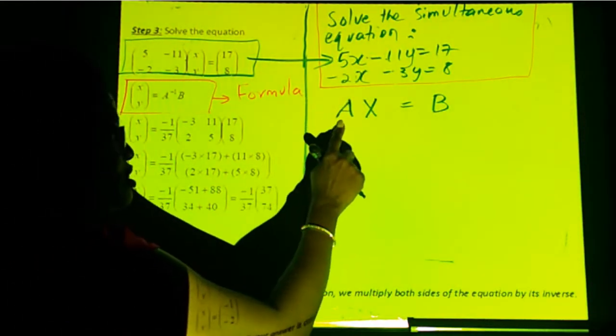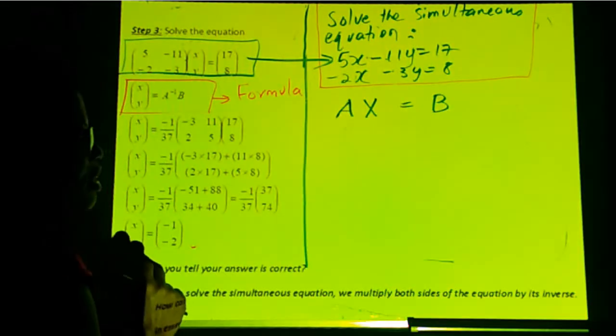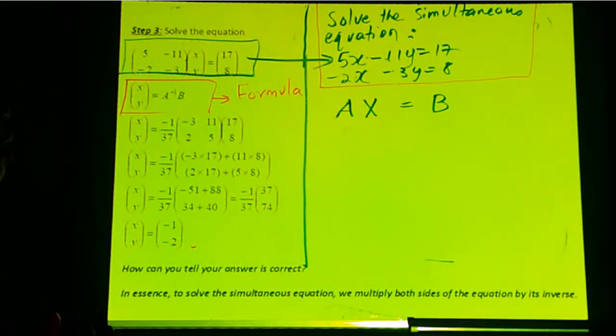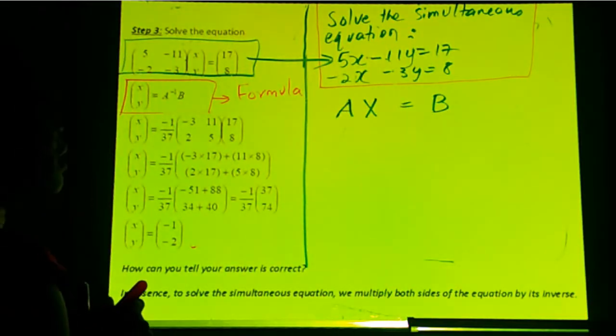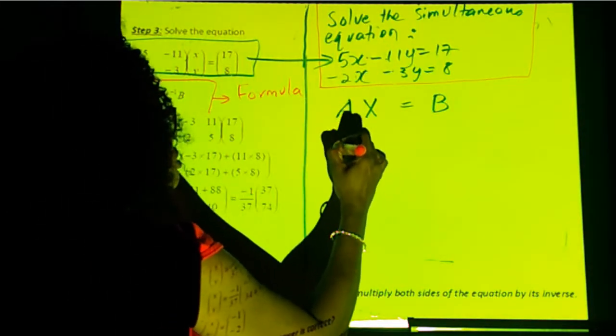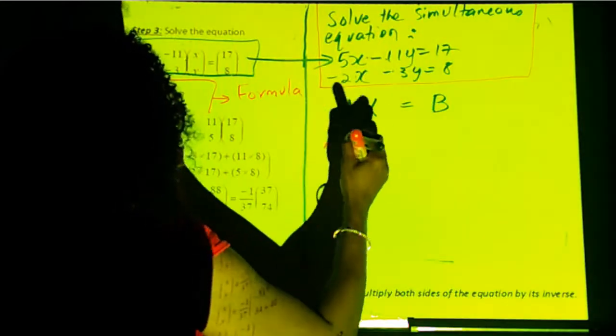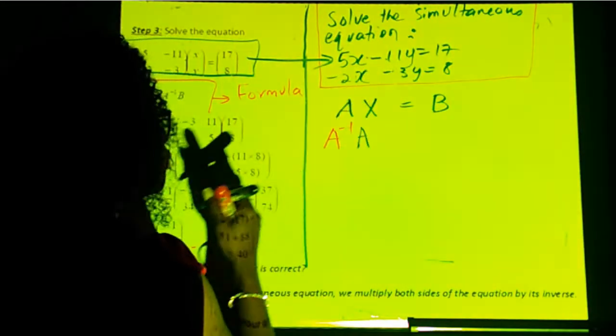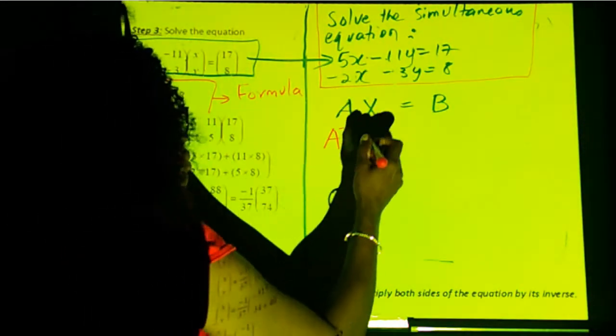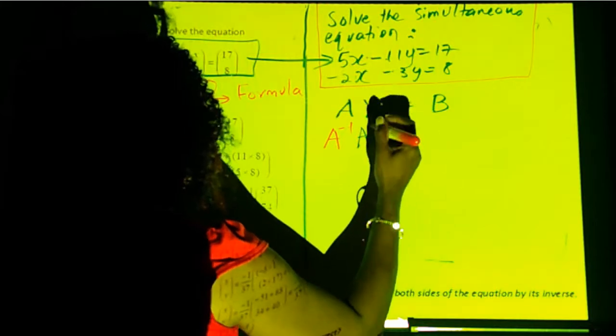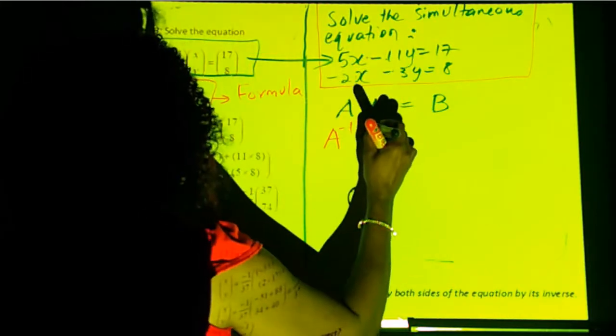This is a matrix, and this is a matrix. Basically, what we're actually doing is pre-multiplying both sides by the inverse, in order to leave x as the subject.